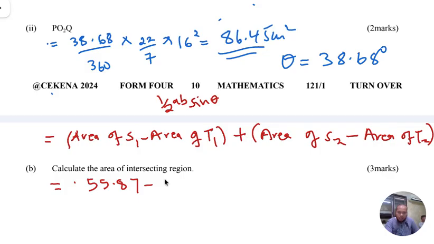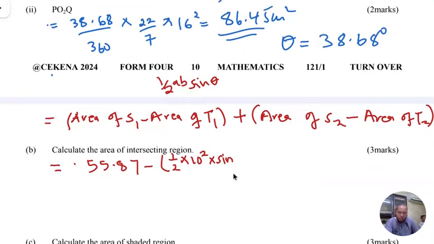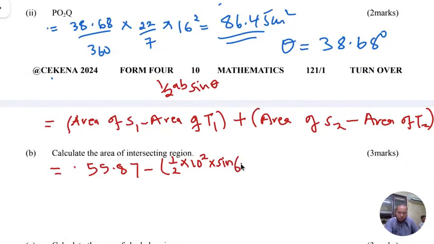So you take a half times 10 times 10, sin 64.